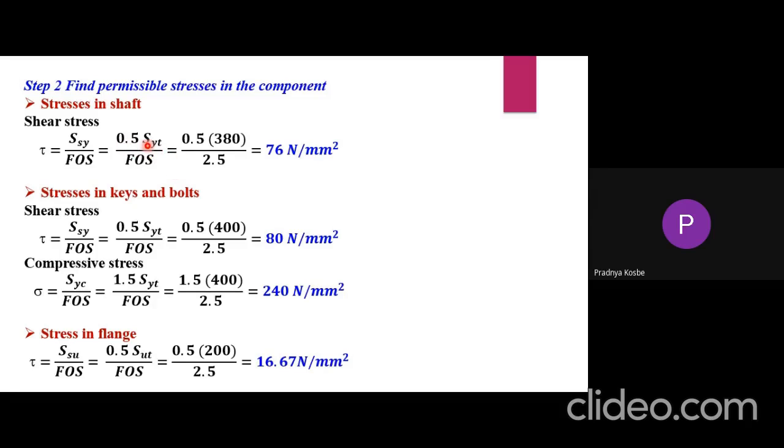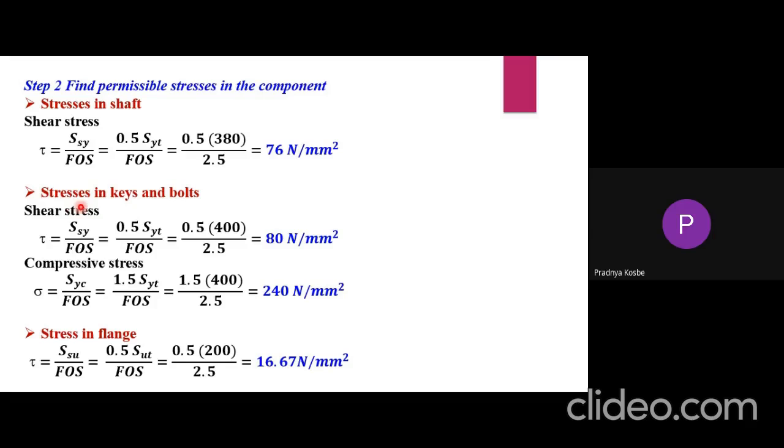And if we are using distortion energy theory, it will be 0.557 into SYT. So here it is half of the SYT, so 0.5 SYT divided by factor of safety. Put the value of SYT, that is 380, factor of safety is 2.5. Tau permissible for the shaft is 76 Newton per mm square.